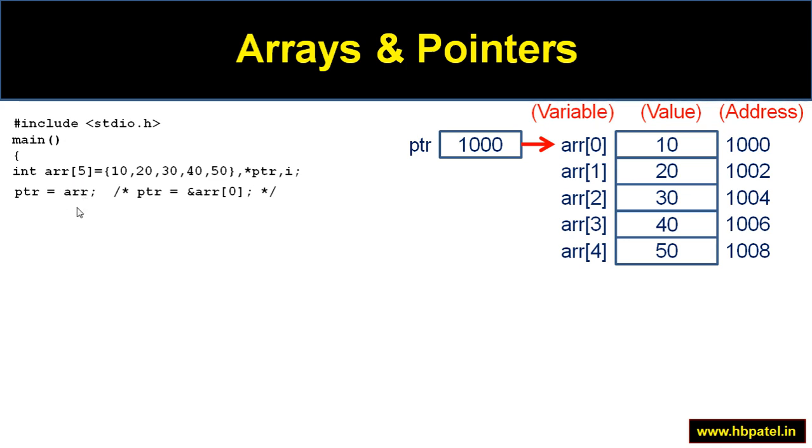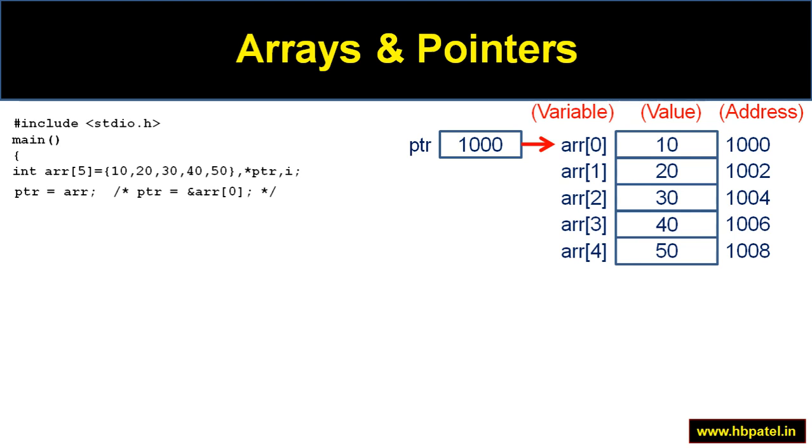Let me add one more line. The address of the entire array is nothing but the address of the first element of the array. In this case the address of the first element is 1000. So 1000 is the address of the entire array, as well as the address of the first element of the array. This is something that you need to remember.